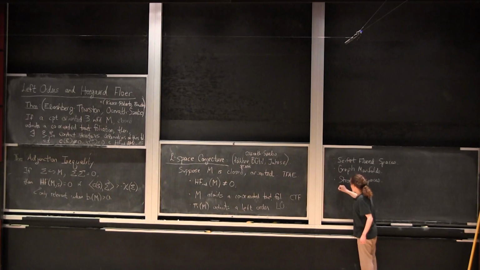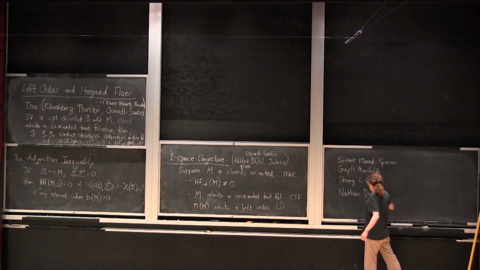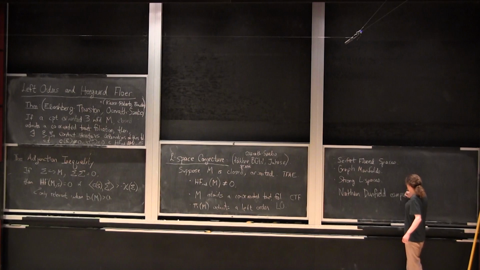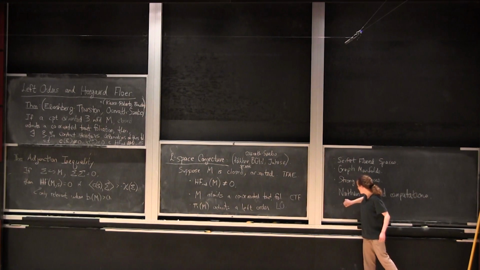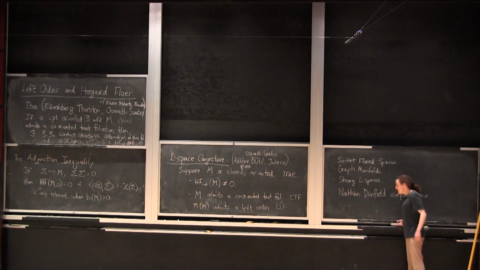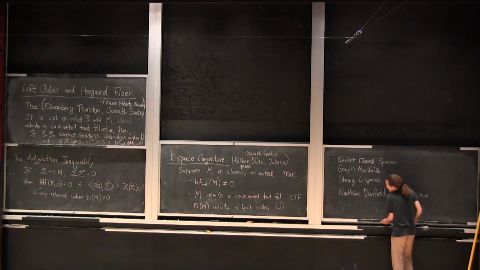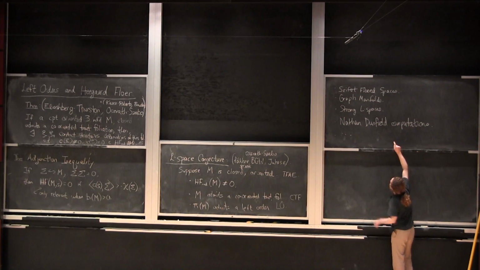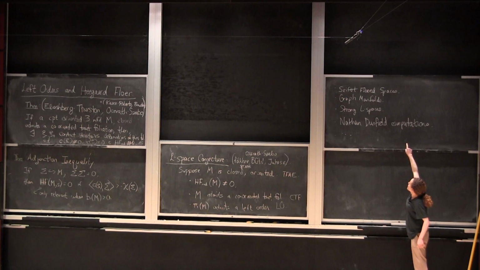And Nathan Dunfield computations, and lots of other sort of random papers. You can also use tools from Seifert fibered spaces and graph manifolds to talk about satellites by algebraic knots or by torus knots.